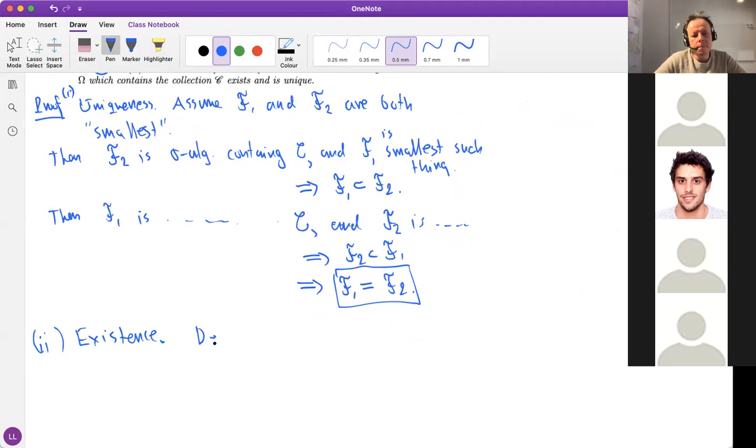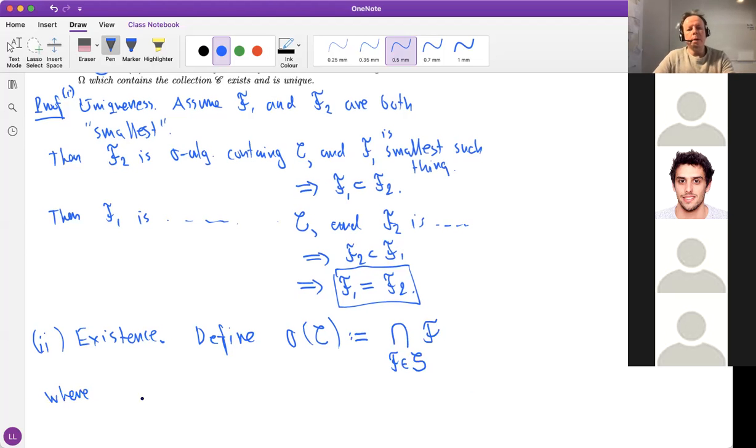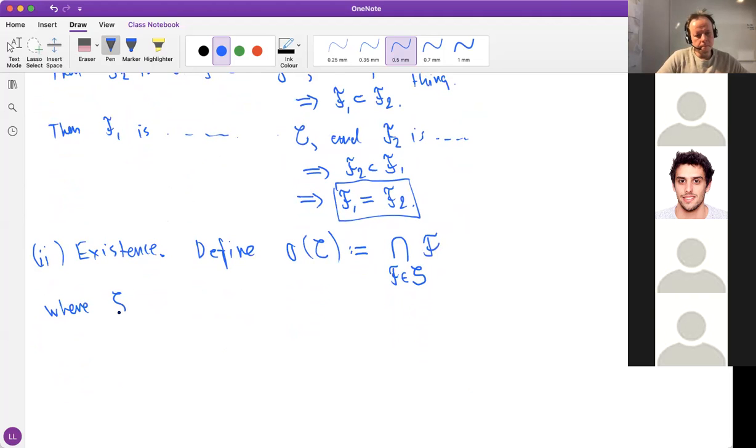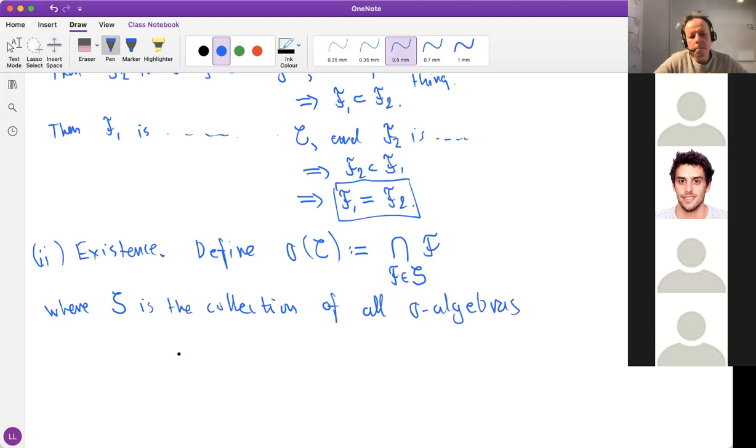Let's define sigma of C as the intersection of all F, where F is in a certain collection S, the collection of all sigma algebras on omega containing this collection C. And now we take all the sigma algebras here.